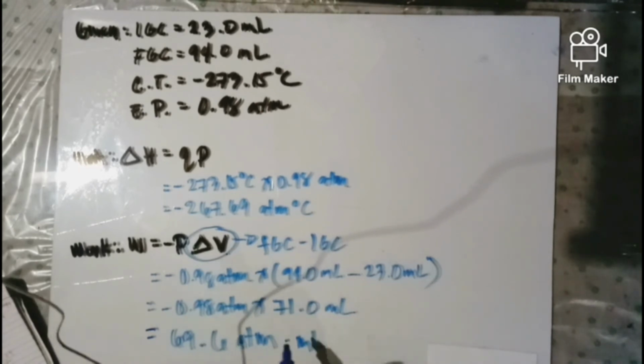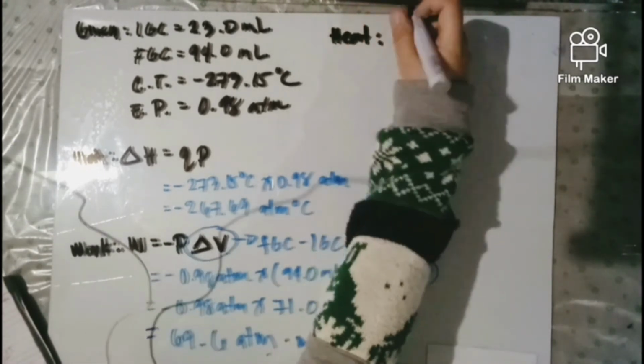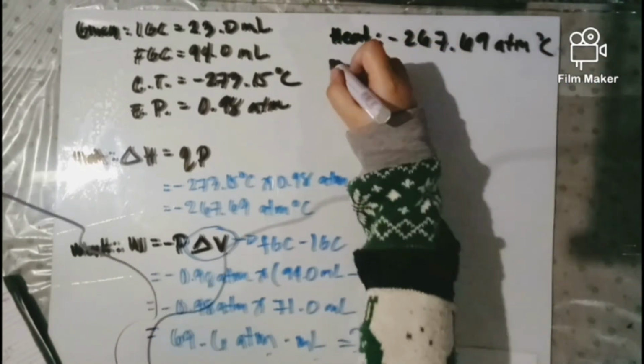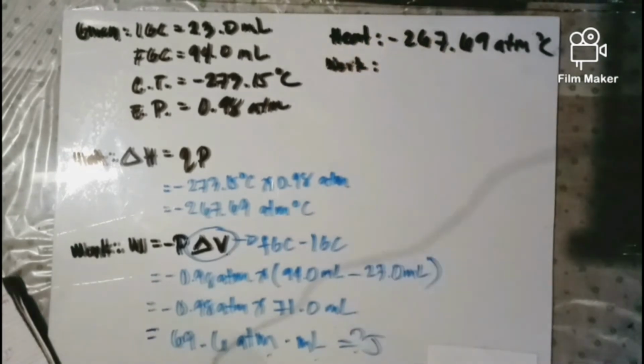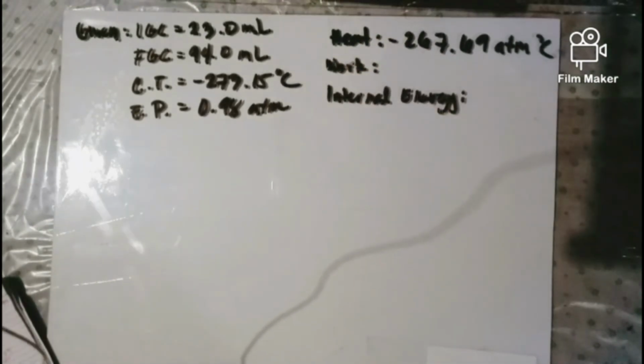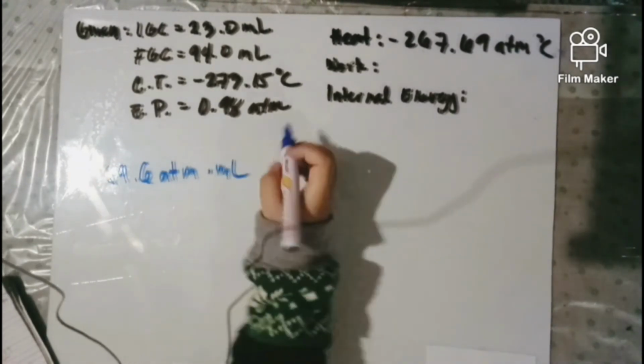In work, you need to convert atmosphere milliliter into joules. Let's convert the 69.6 atmosphere milliliter into joules.